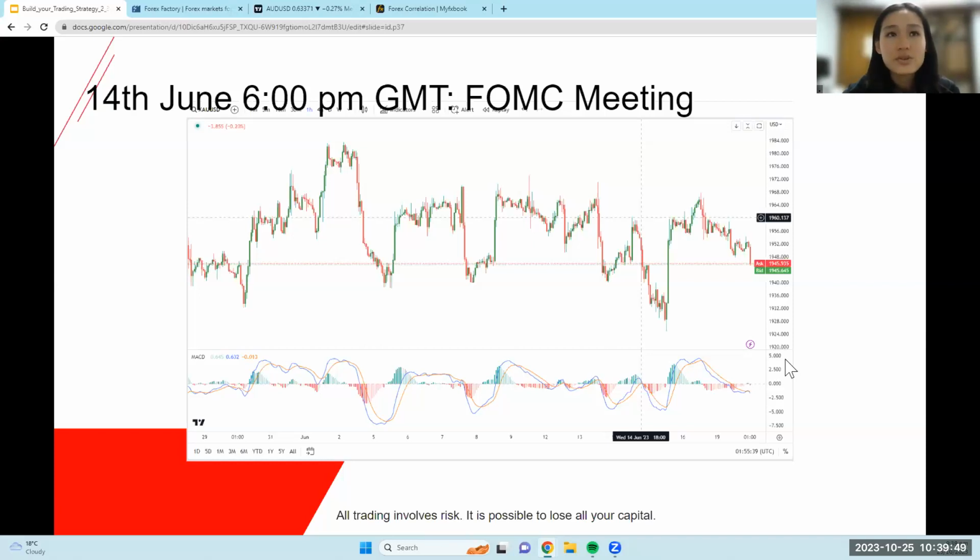So just take note of that if you intend to use the MACD. But otherwise, it's pretty useful in helping you catch changes in trends, which tend to be quite frequent because the market is pretty volatile during news releases and events, which is why it's important to keep up with your fundamentals or look at your economic calendar.